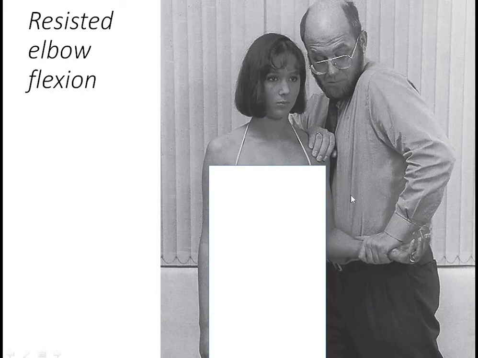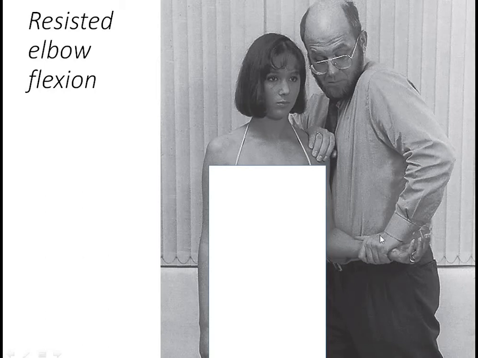So during this, there would be a 90 degree flexion, and the patient will try to move against the force of the therapist to move the forearm toward the shoulder.